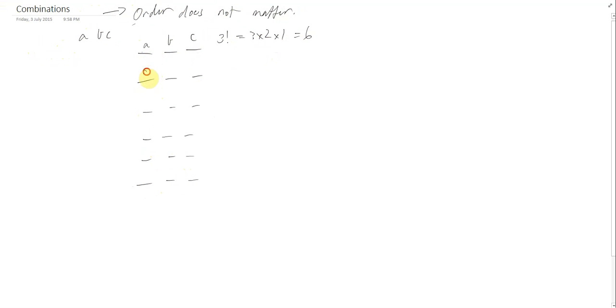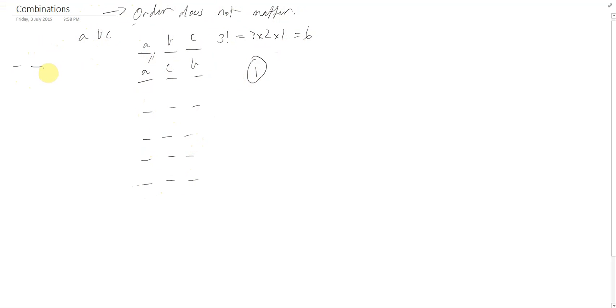You could have A, B, C, or A, C, B... Alright, let me give up that example. That's going to be a nuisance and a waste of time, because with each of these ways you're still going to have A, B and C. So you're always going to have the same 3 all the time. So there's actually only one combination of these.